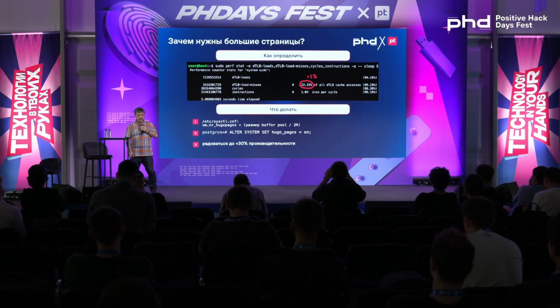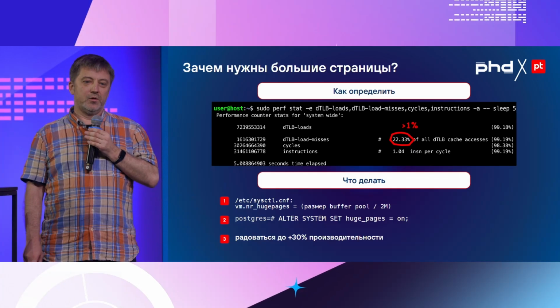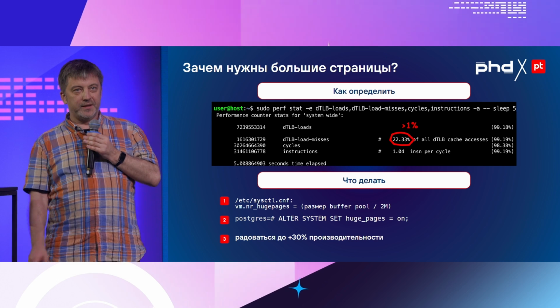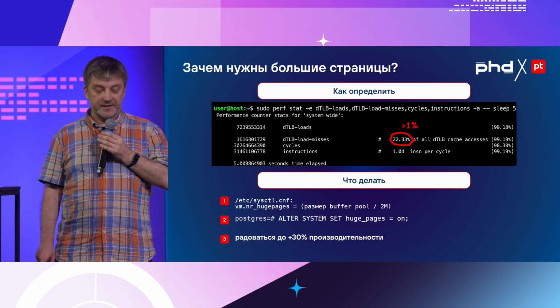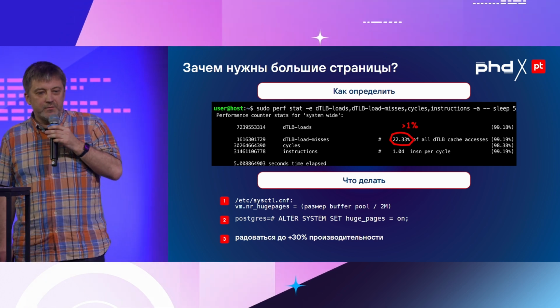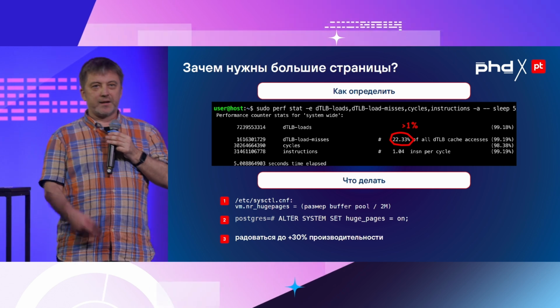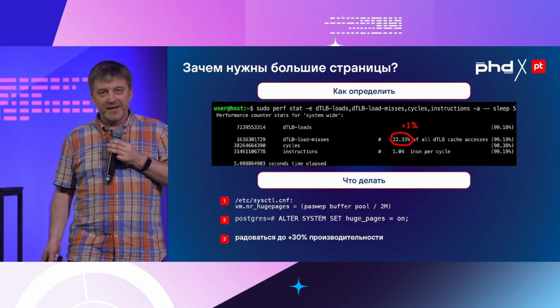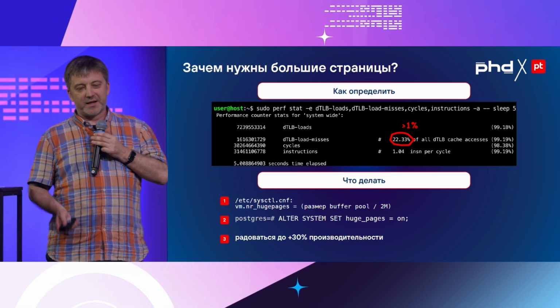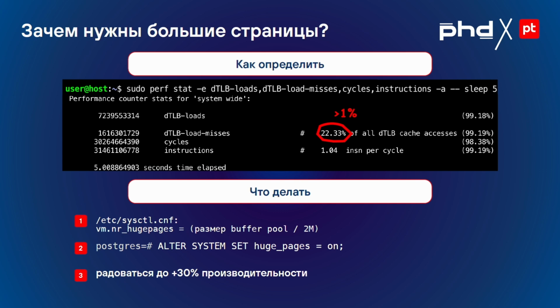For the core, the story is different. You can actually run this perf command, and if you see more than 1% in this path, then it's like in that meme, Houston, we have a problem. So what you can do, you can reserve your memory for huge pages beforehand. That's very inconvenient.